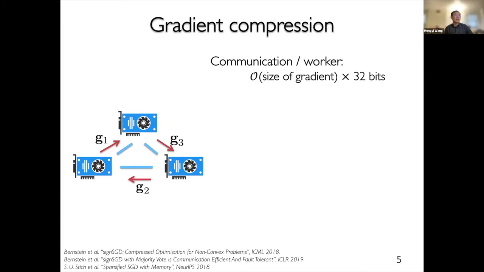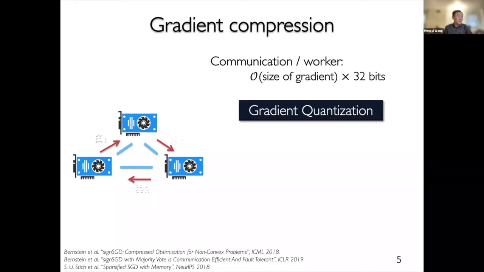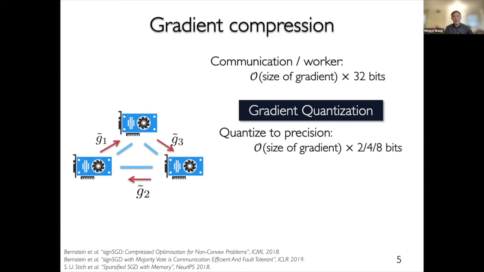If we think of the gradient as a vector, then for each element we have to communicate a 32-bit floating point number. What we can do is sometimes reduce the precision of each element, say from 32 bits to 2, 4, or 8 bits.